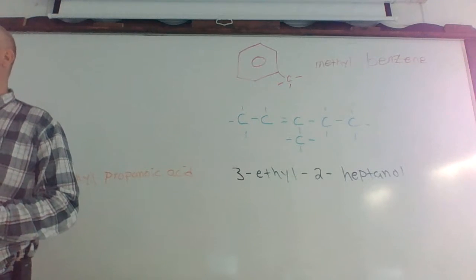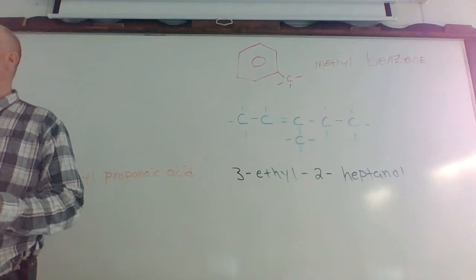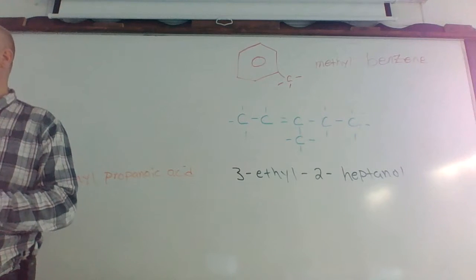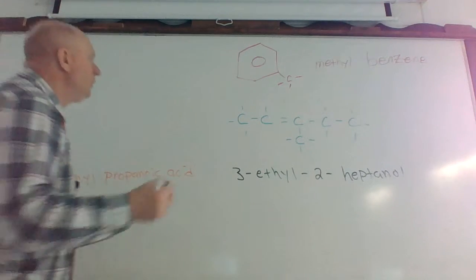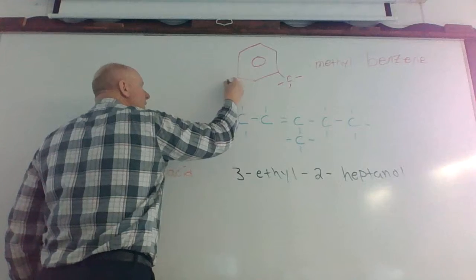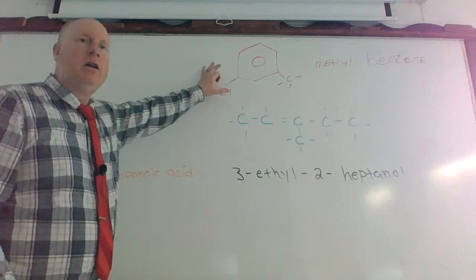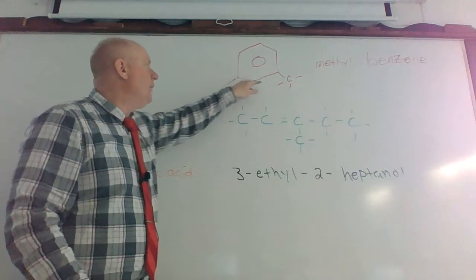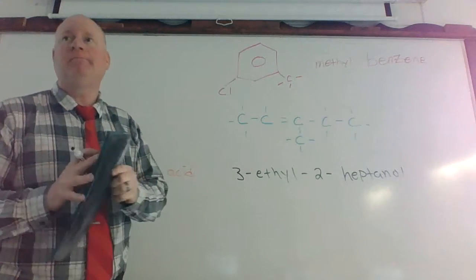You don't have to give it any numbers because it needs to be on the smallest number. If you want to write 1-methylbenzene, that's fine. The only way that would change is if you had two different derivatives on this compound. Otherwise you just call it methylbenzene. That's it.